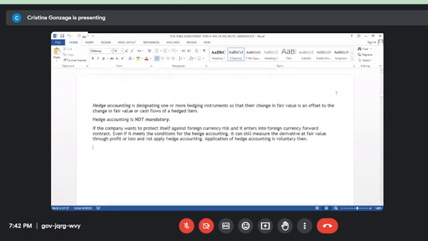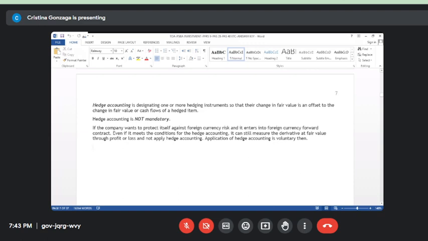Ngayon, sabi natin, kaya may hedge accounting. So hedge accounting is designating one or more hedging instruments so that their change in fair value is an offset to the change in fair value or cash flow of a hedged item. Ano ibig sabihin ng hedging instrument? Yung mga derivative instruments.